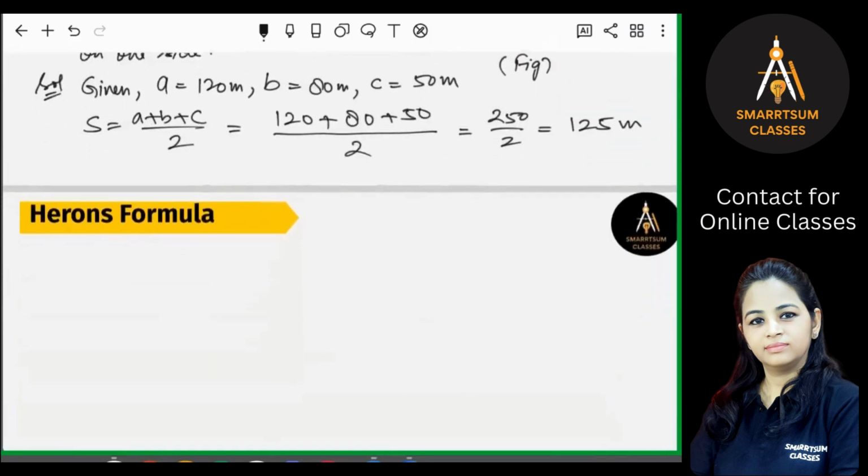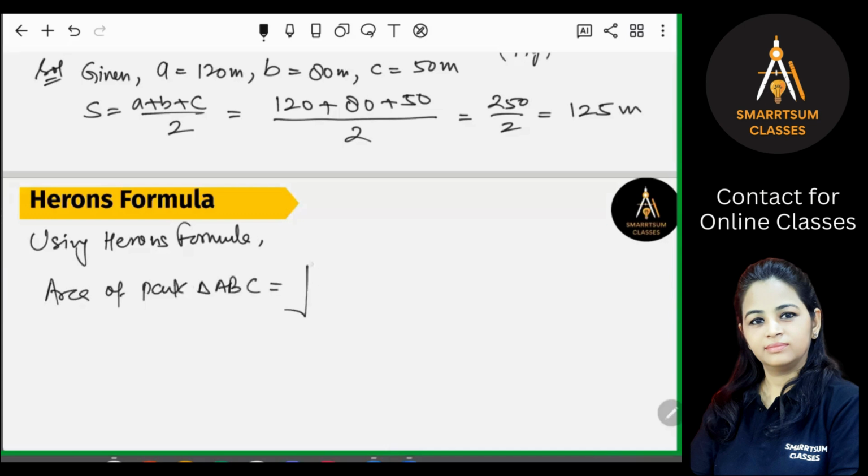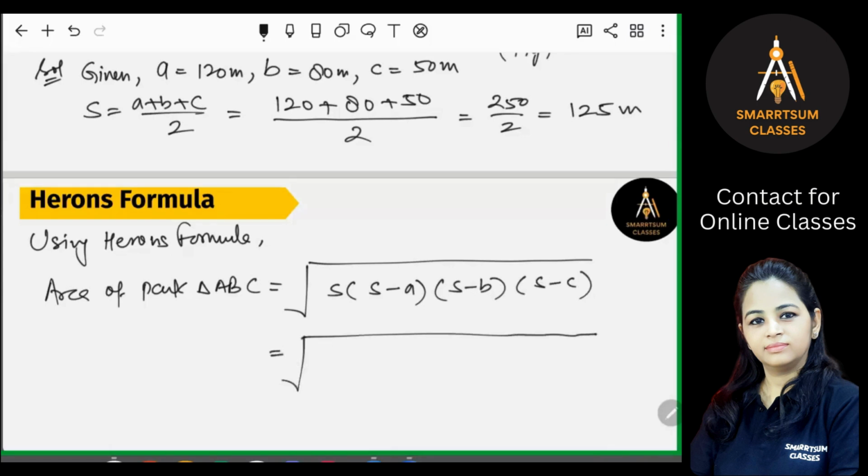So let's write down Hero's formula. Using Hero's formula, we know that the area of triangular park ABC will be equal to the square root of s into s minus a, s minus b, into s minus c, where s is the semi-perimeter and a, b, c are the three sides of the triangular park.